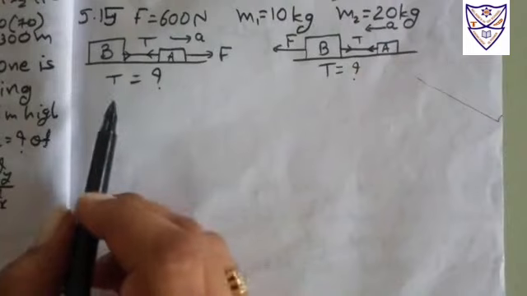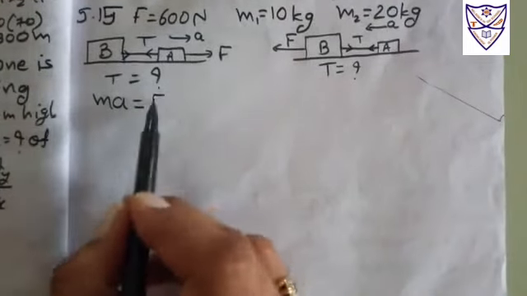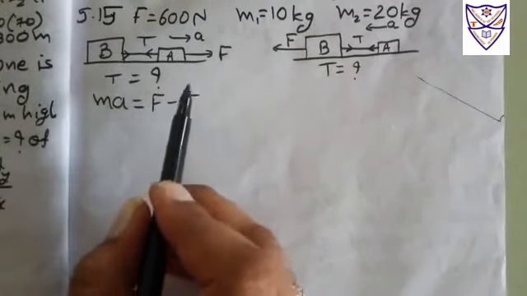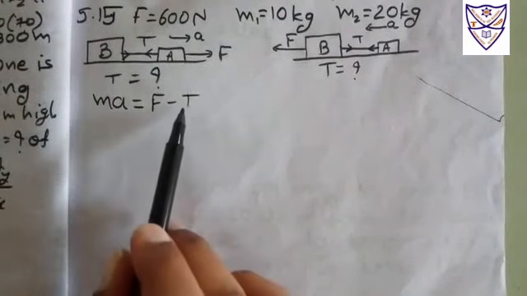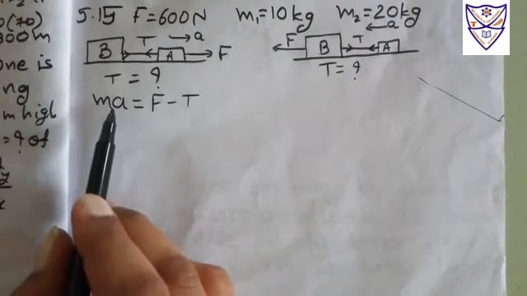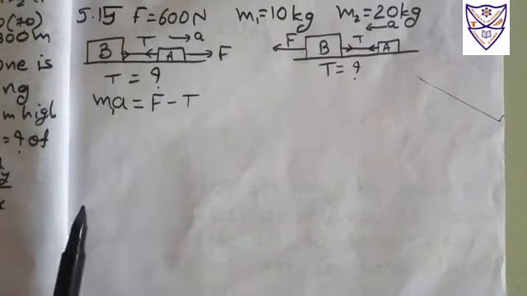So that starts with: mA is equal to force, which is in the right hand side direction, and tension, which is exactly opposite to it, right? So see here, tension T.